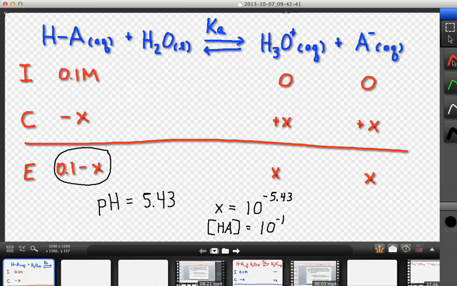And if you look at this algebraically, 0.1 minus 0.0000 something, and I'm not going to input this on my calculator because that's just trivial and we can do that on our own time. We realize that the answer should be approximately equivalent to 0.1. So I think we're justified in making our approximation.